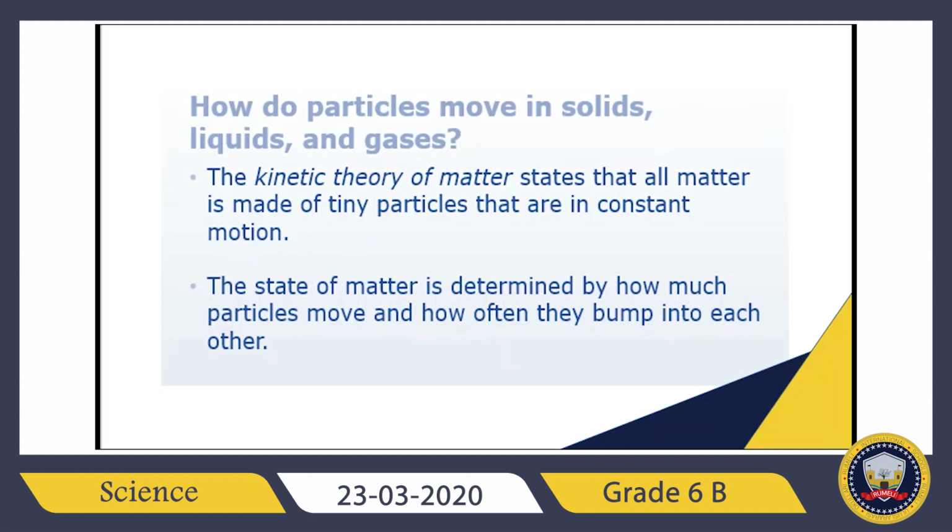So as we know, matter usually has three main states: the liquid state, the gaseous state, and the solid state. The state of matter is determined by how much particles move and how often they bump into each other. And the different motion of the three states of matter depends on what, guys?